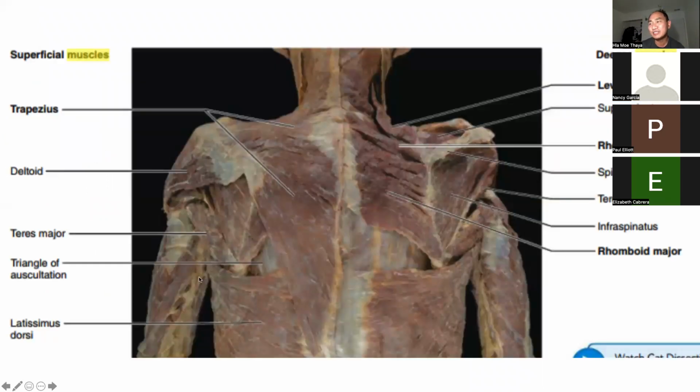And now we can see in the cadaver the trapezius muscle here and the latissimus dorsi muscle here. If we remove the trapezius muscle, we see the rhomboid muscle, and we see the spine of the scapula. The muscle above the spine of the scapula, in what we call the supraspinous fossa, is the supraspinatus muscle.